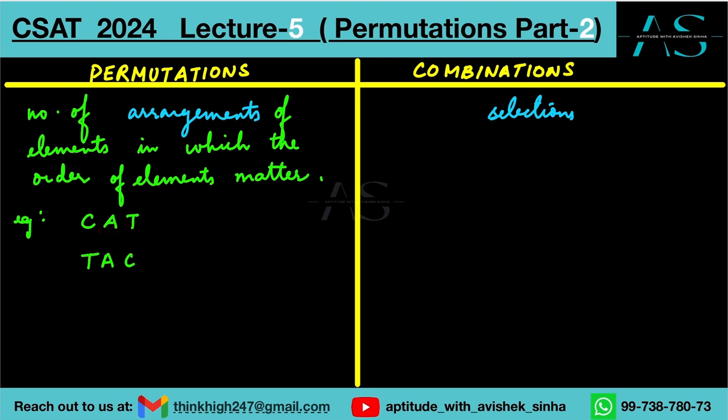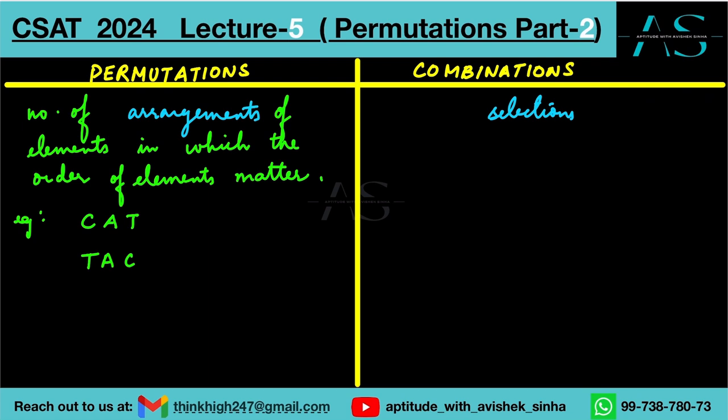The elements are same, but their positions have been changed. Since you change the position of a particular element, it gives rise to a new arrangement altogether. Therefore, we call it a different permutation. The order of the elements matter. So if you change any particular order, it gives rise to a new arrangement, and that is how we keep on permuting the values. So that is the most basic part of permutation.